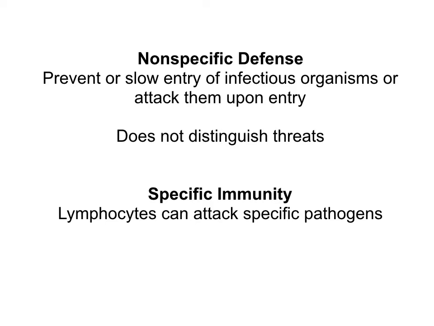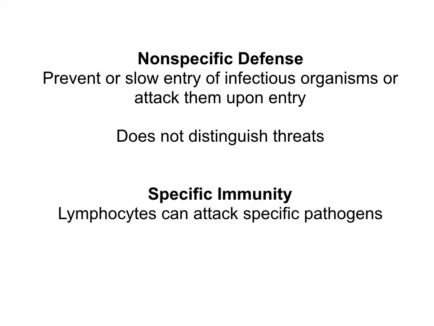It's just a very generic barrier, and it's a barrier to everything. It doesn't pick and choose what it's going to be a barrier against. So the epidermis of your skin is an example of a non-specific defense.